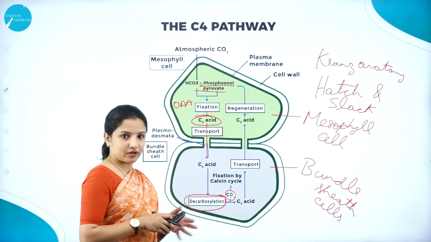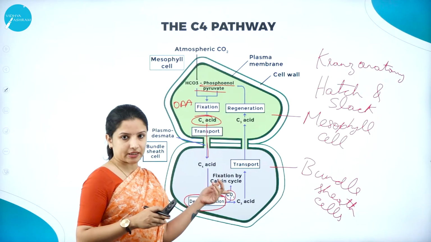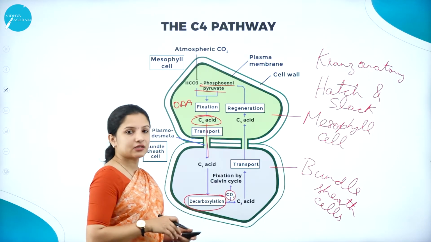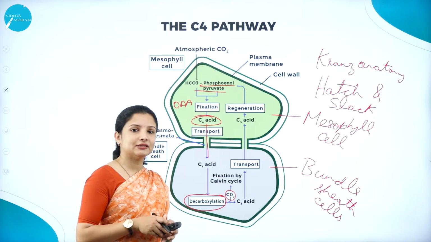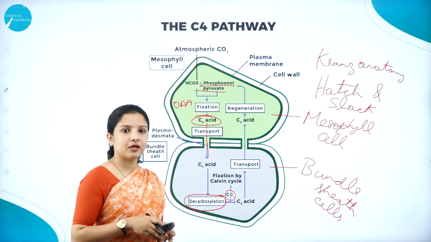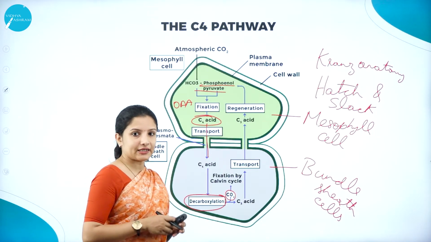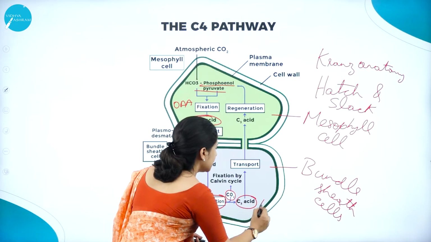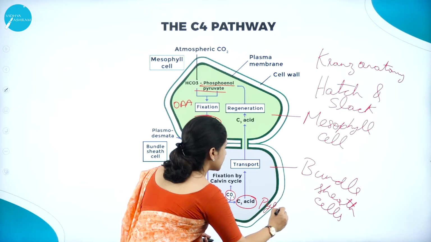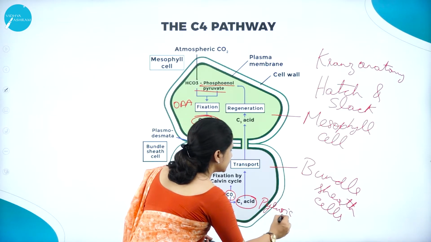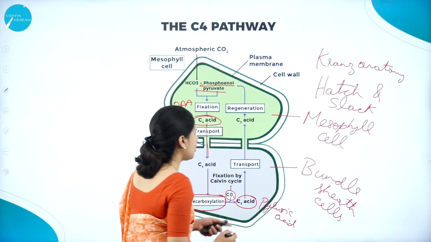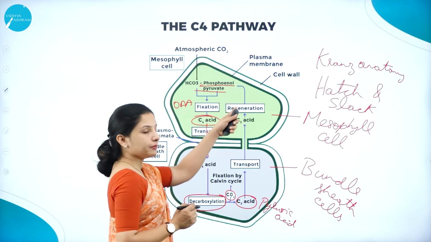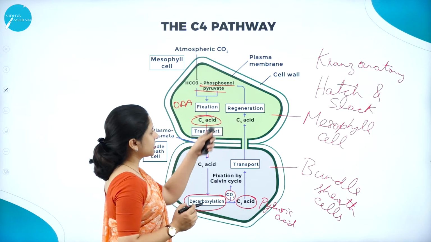The carbon dioxide that is removed will be utilized for the Calvin cycle. Next, the C3 acid will get formed, which is a 3-carbon compound. What is the C3 acid being formed here? It is the 3-phosphoglyceric acid, right? After decarboxylation, pyruvic acid will be formed, which is a 3-carbon compound, and this pyruvic acid will be transported into the mesophyll cells, and here regeneration will occur.